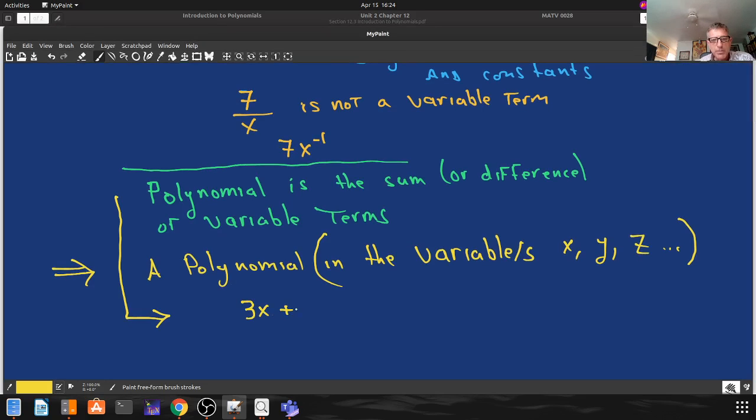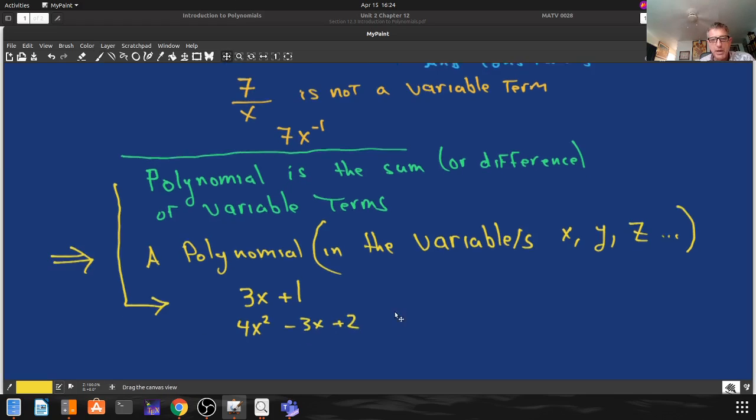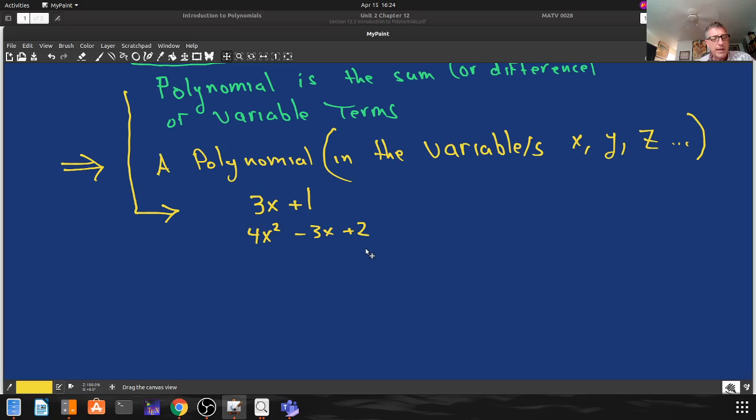So let's look at some examples of a polynomial in a single variable x. 3x plus 1. So it's a sum of terms. 3x is a variable term, 1 is a constant term. 4x squared minus 3x plus 2. That's also a polynomial in the single variable x, because there's only one variable in the sum of terms. Let's look at another example.